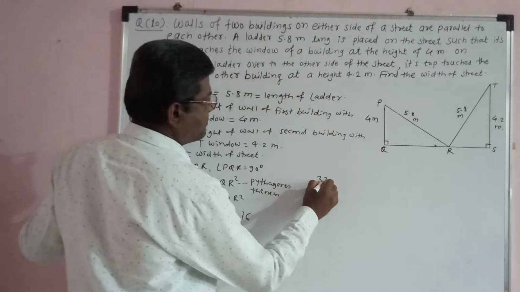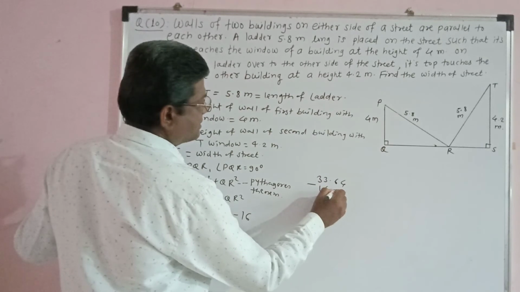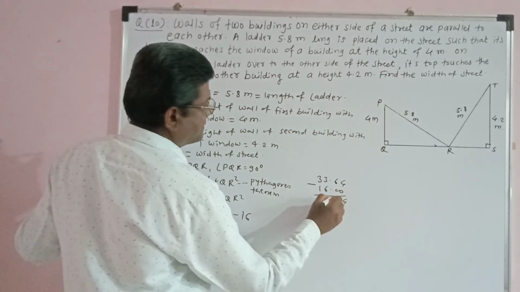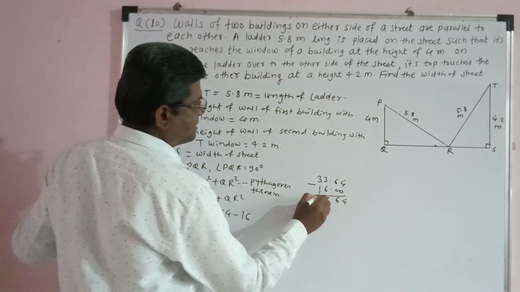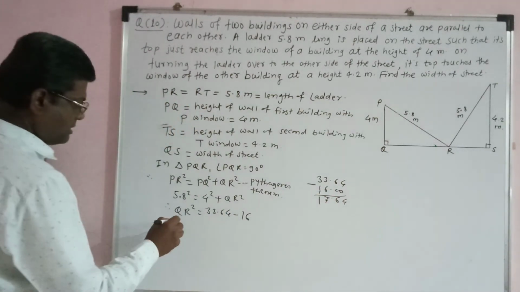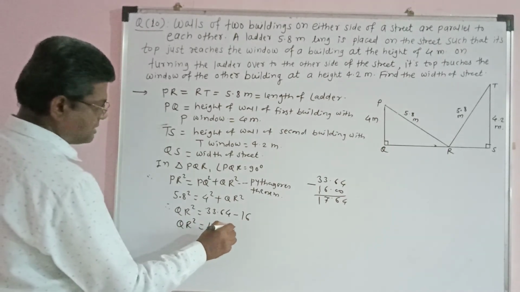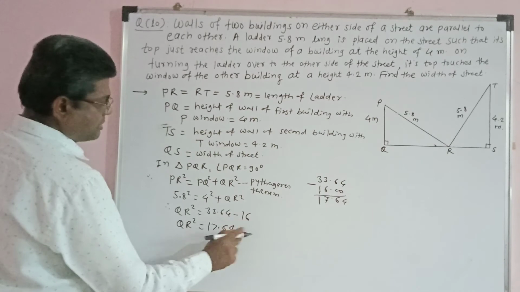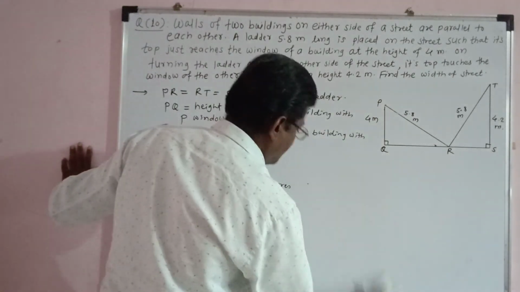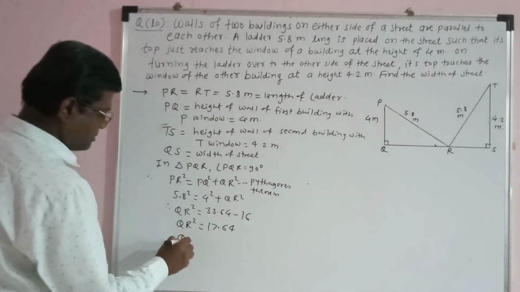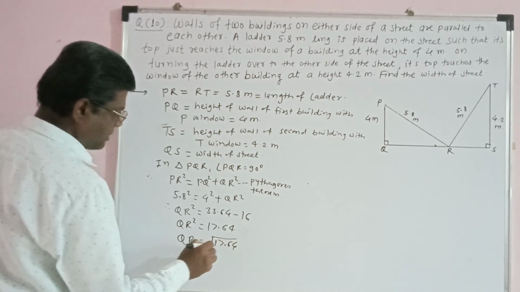Now 33.64 minus this 16 will be 17.64. QR square is equal to 17.64. Now QR is equal to the square root of 17.64.